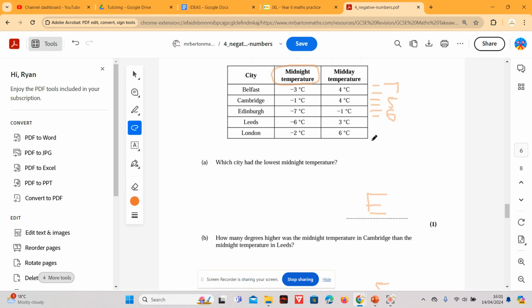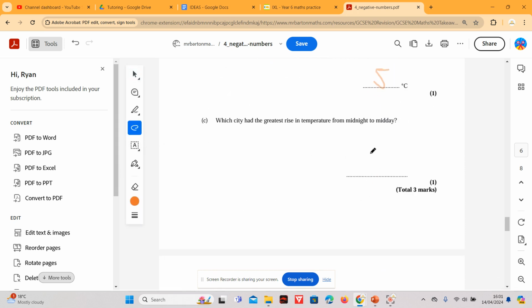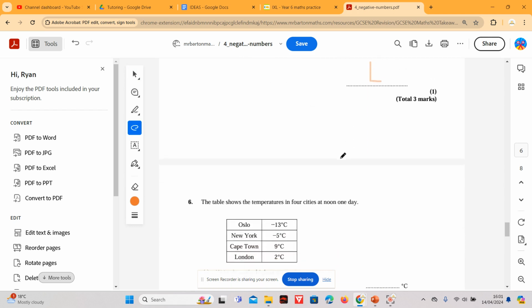And then -2 to 6 is going to be 8. If the greatest difference is the biggest number, we know that's 8, and that would be London. So I'm simply going to write L for London.